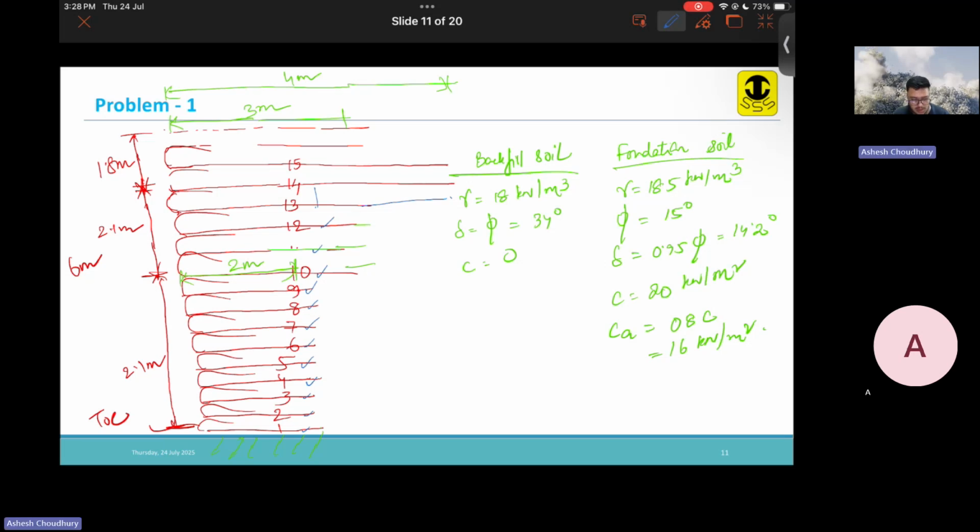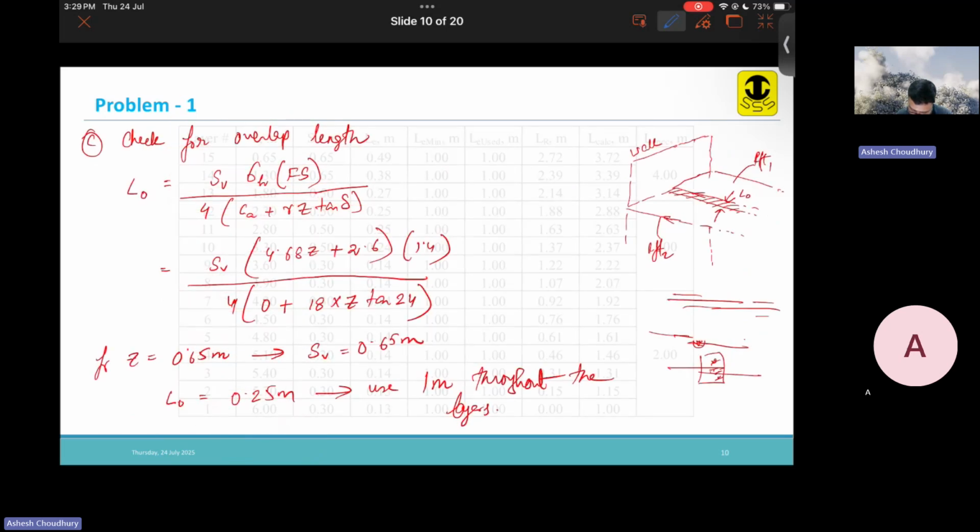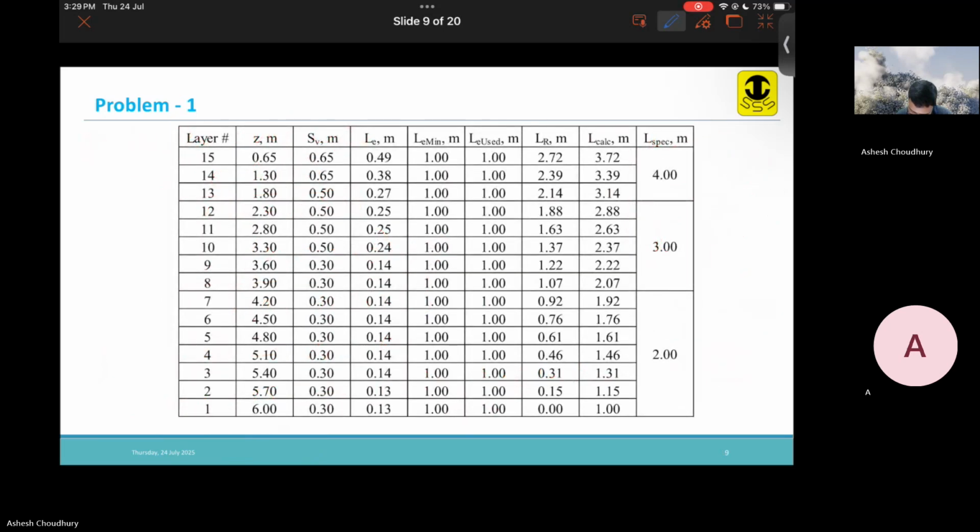I will show you how it is given. In 9 layers, they have taken 2 meter.